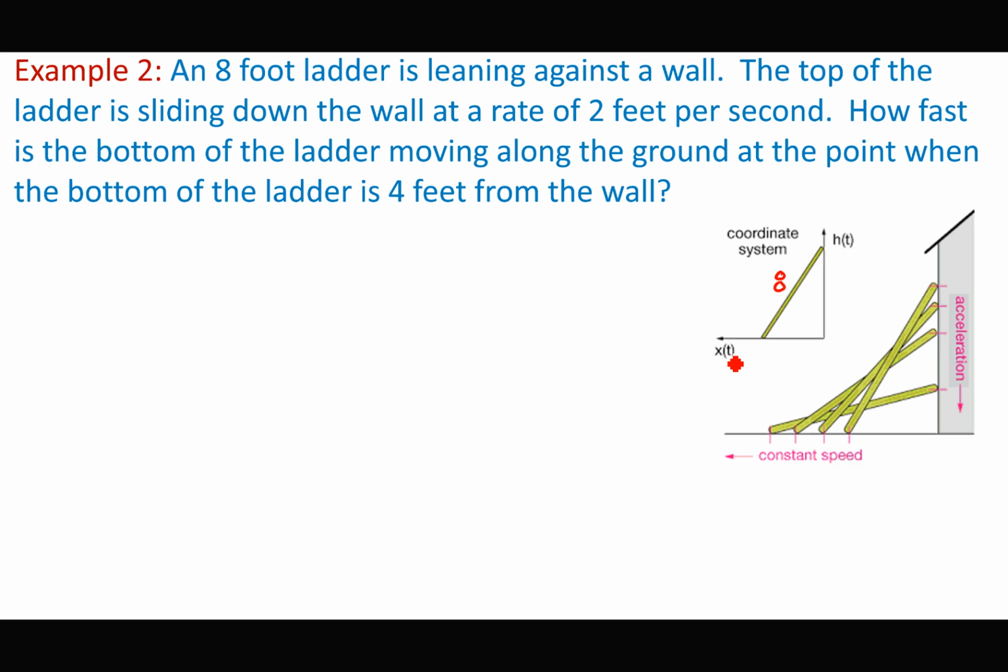Don't worry about that. I'm just going to work in x and y's just to make it simple. So I'm going to say dy dt, because it's sliding down, is a -2. Okay, because it's moving at a rate. It's going down the y-axis, so I'm going to call that -2.